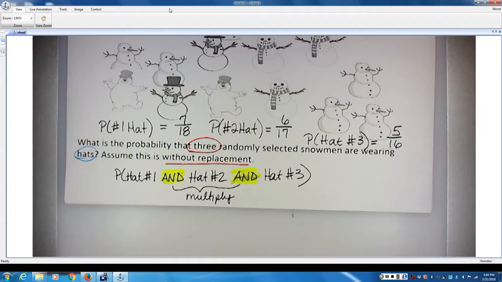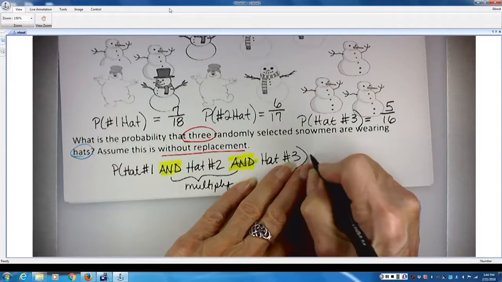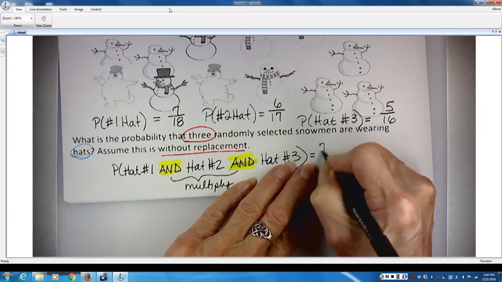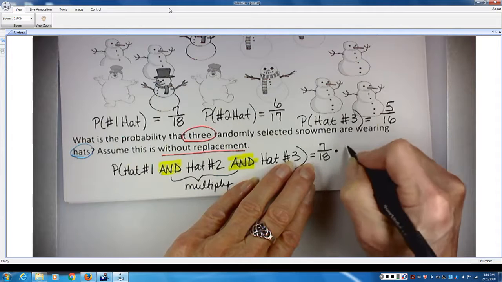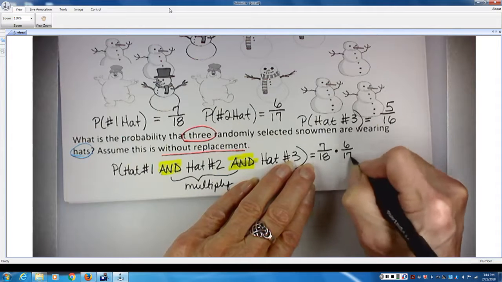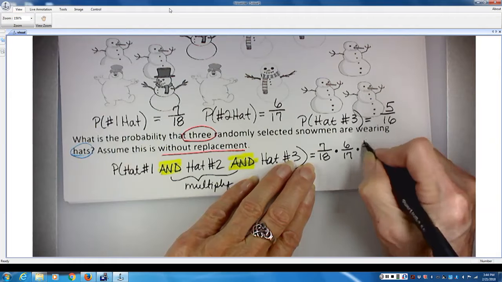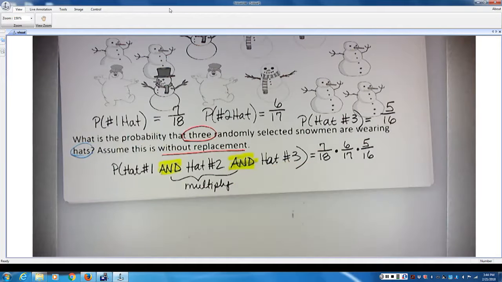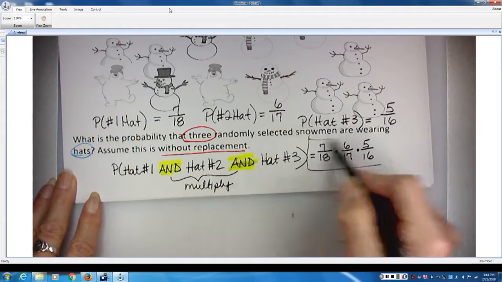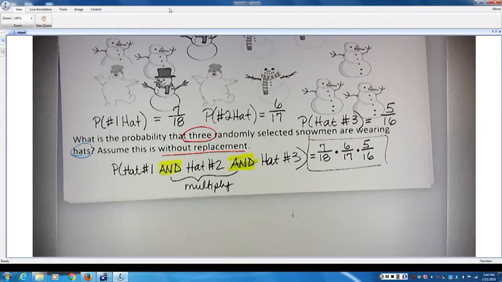But because I said "and," you have to multiply to figure this one out. Now, I want to see that step.